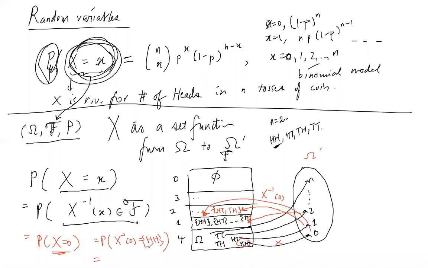And this one you can assign a measure to. Since if you assume that the coin is fair, then all outcomes are equally likely, so you can assign a measure of 1/4 to it because there are 4 outcomes. So this is one of them, so you can assign 1/4 to it.